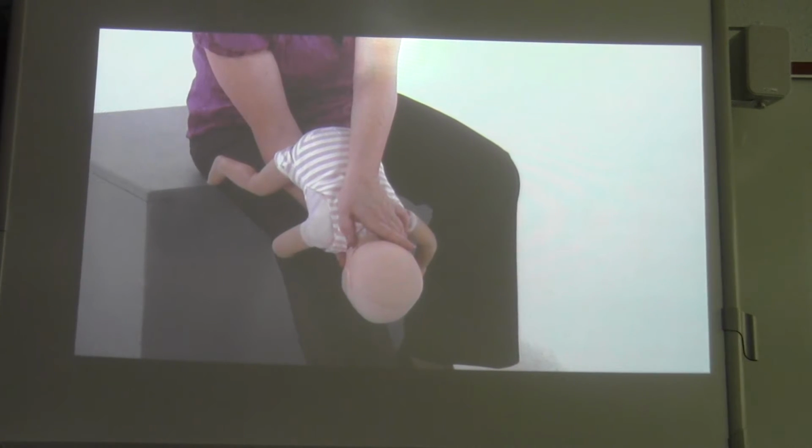That gives you stability holding that baby. And it should be done like that whether giving back blows or ab thrusts. So that's that whole sentence there: their arms and legs should be on either side of your forearm, whether giving back blows or ab thrusts.